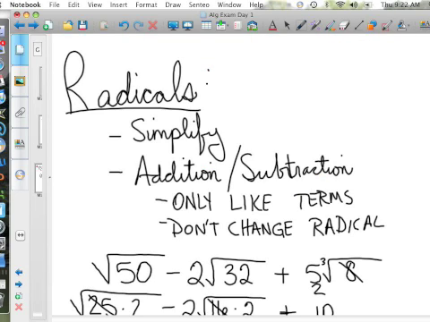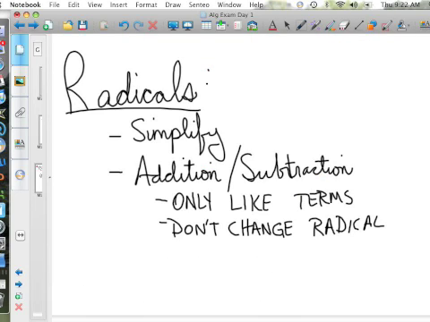Okay, radicals. You're going to work with radicals. The first thing is, when you're adding and subtracting, you're going to want to simplify the radical. You're only going to add them together if they are alike. And just like with addition and subtraction of variables, where the exponent didn't change, the radical doesn't change. Same exact thing.